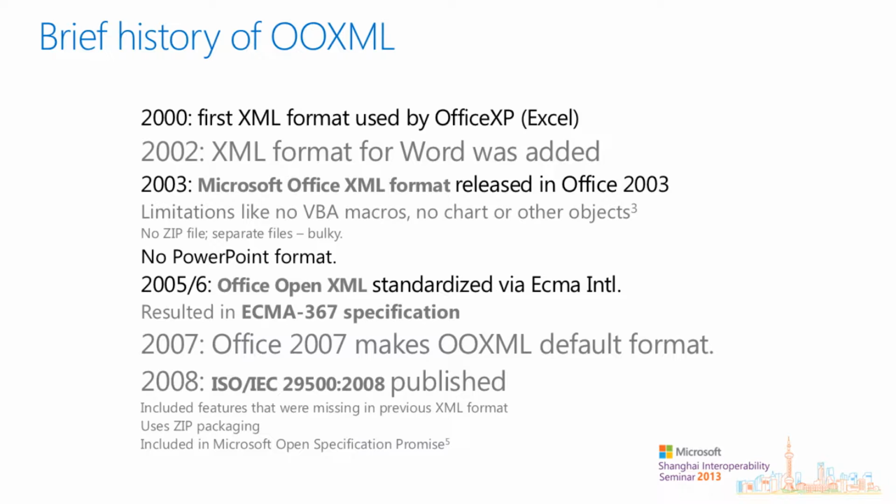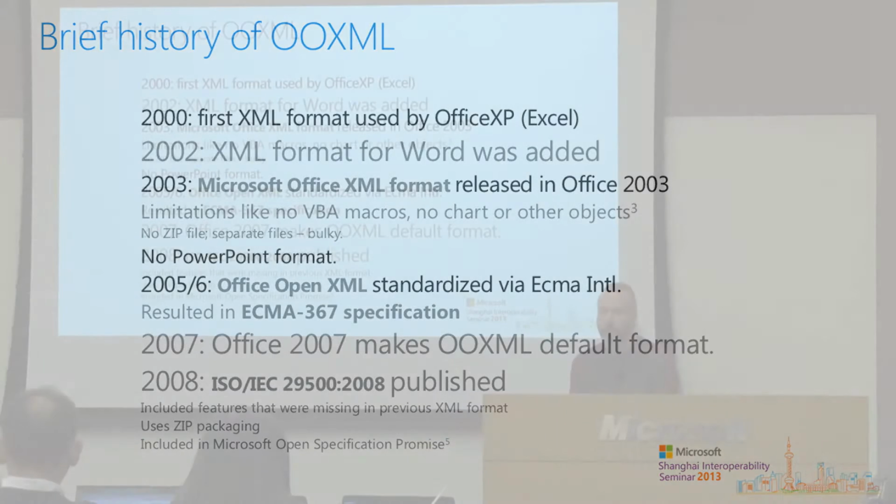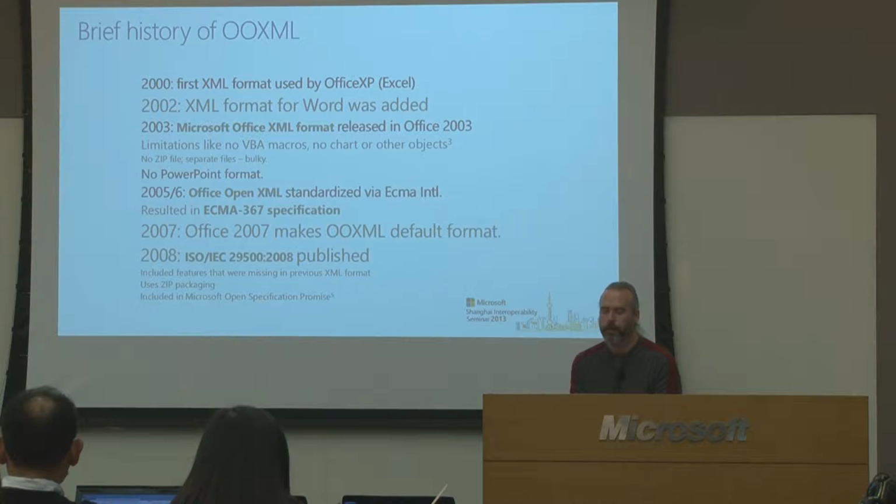In 2003, Microsoft released a version of Office which incorporated these new XML formats, which also included Visio and InfoPath XML formats. There was no PowerPoint XML format at that time, and there were limitations to the format. For example, VBA macros and charts were not included in the spreadsheet format, and there was poor backward compatibility.